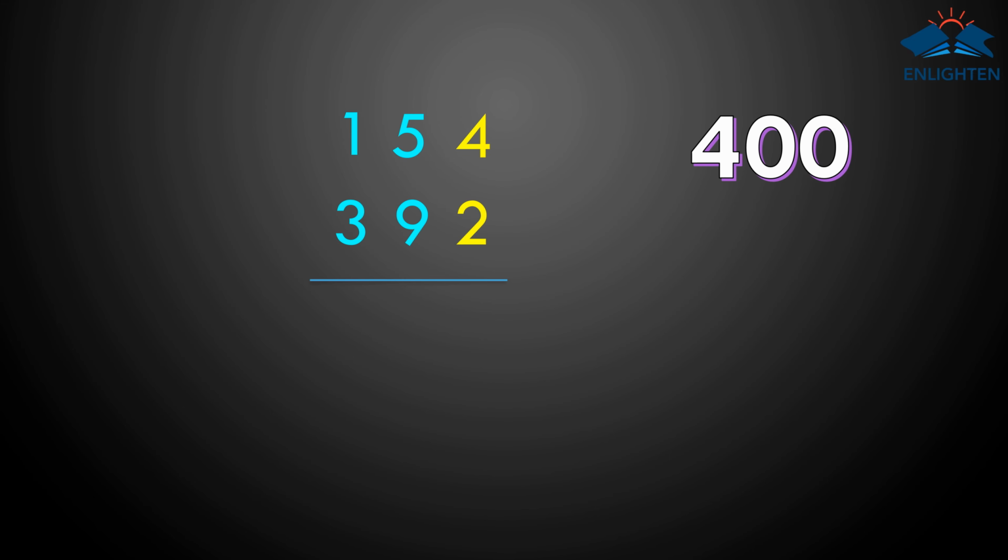As it is in tens place, 140. Here, we got a carry. So, 400 becomes 500 and we have 40. Then, 4 plus 2, 6. Now, 500 plus 40 plus 6 equal to 546.